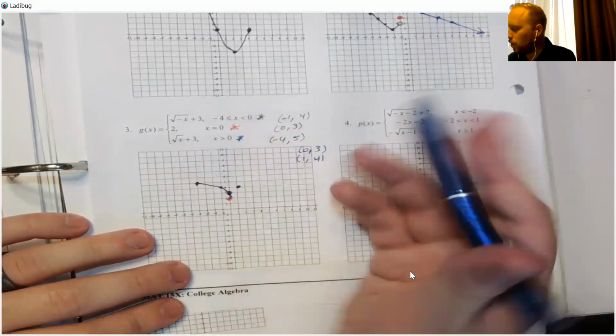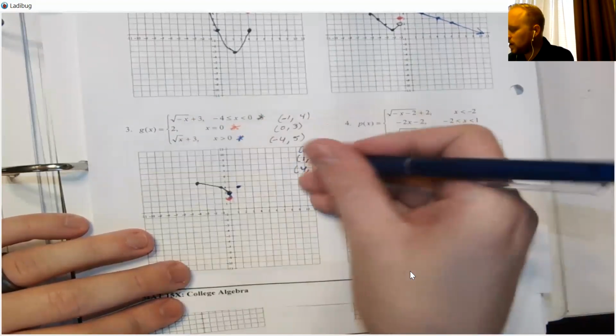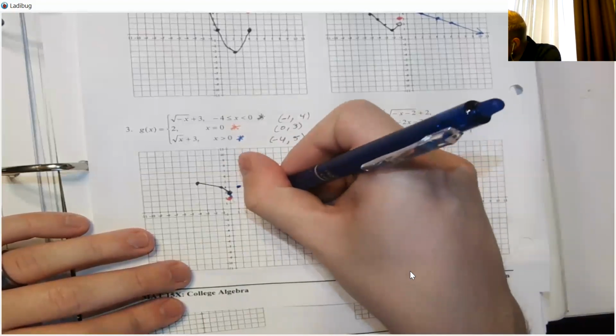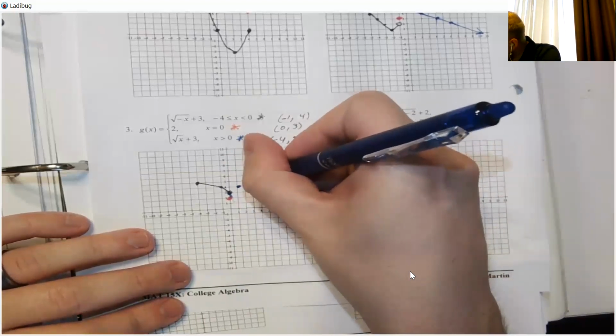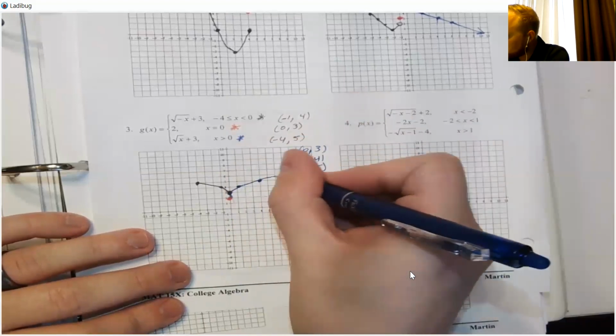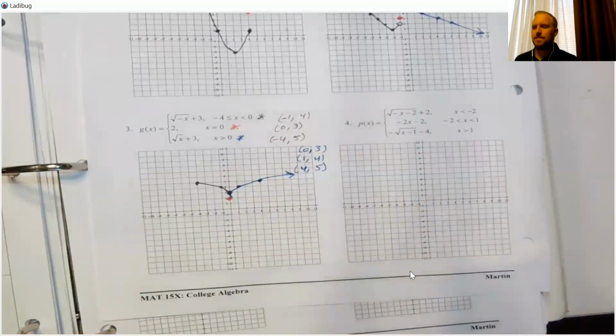So the square root of 4 is 2. 2 plus 3 is 5. So I have 4, comma 5. And I know that this is a square root function, so it's going to do something like this. Okay, and it looks just like that.